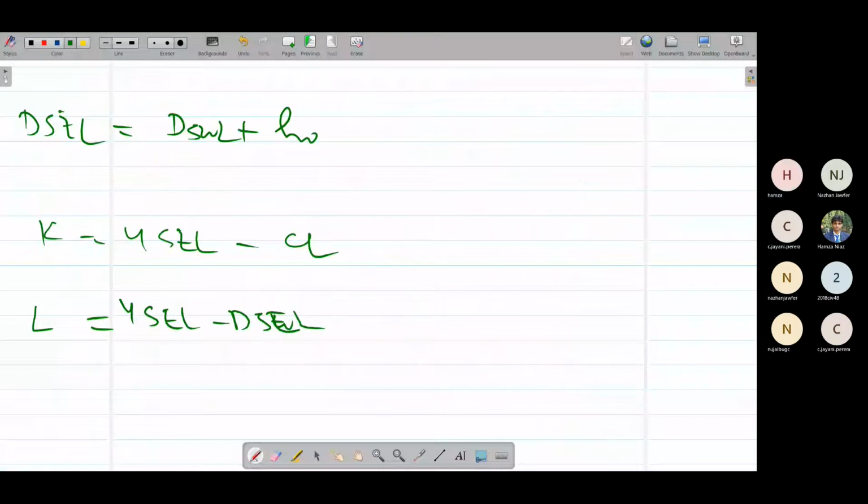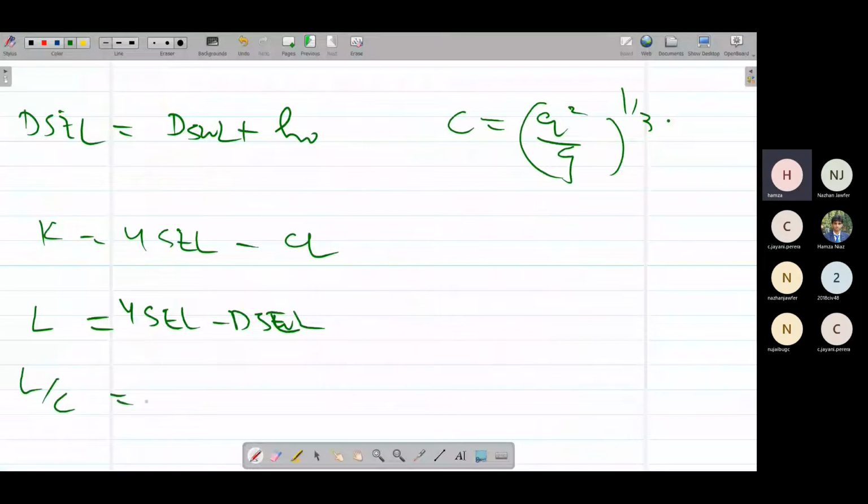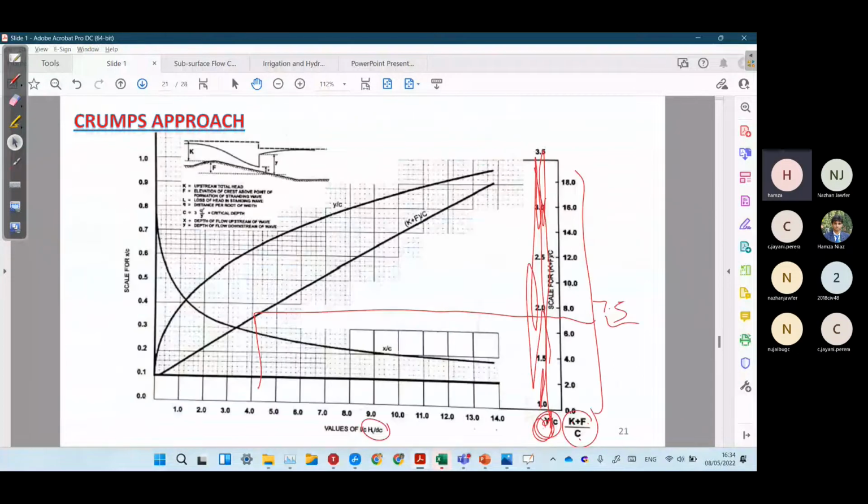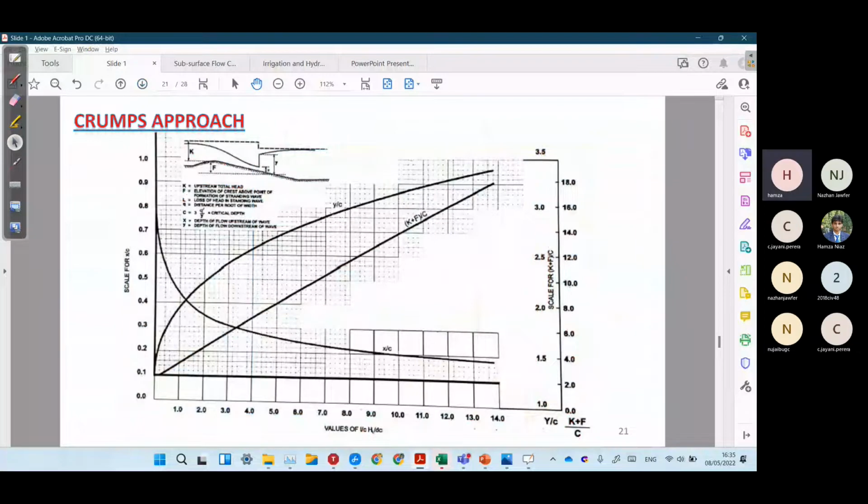All right. So C value we can get as Q square over G whole power 1 by 3. So we can divide L by C, and now we have got the x-axis value for this method.